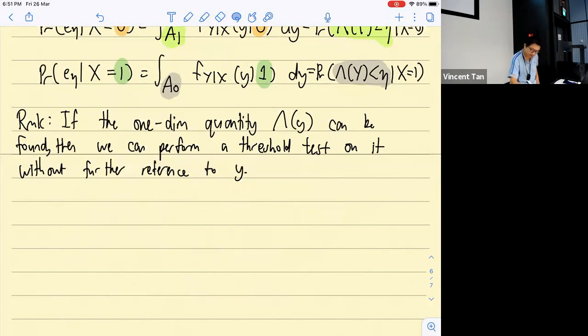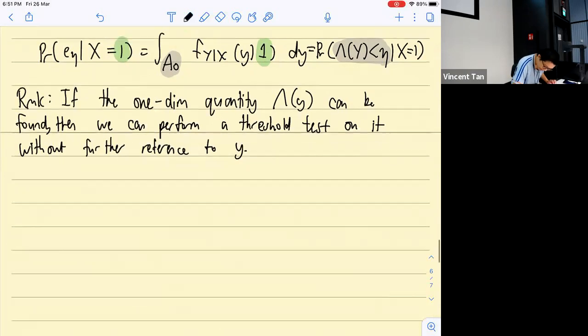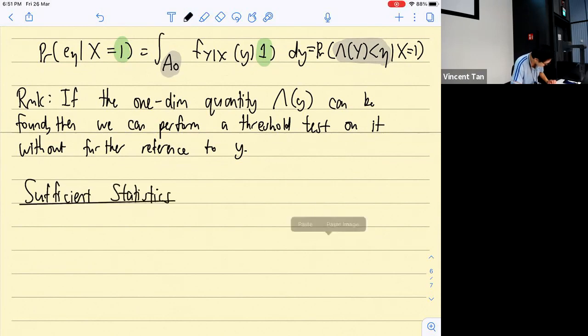So this is a little bit deep, and let's talk about the notion of sufficient statistics. This is a very important, very deep thing.